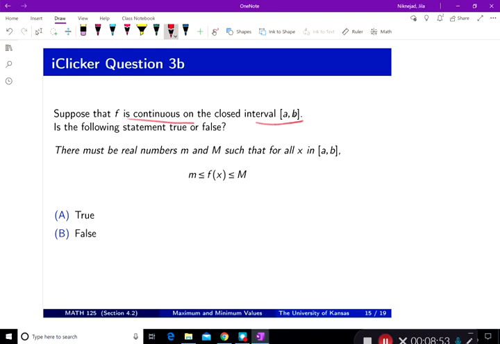And this is exactly that. It says f of x is between m and M for some values m and M. These are different values. So you can pause and think, and the answer is true.